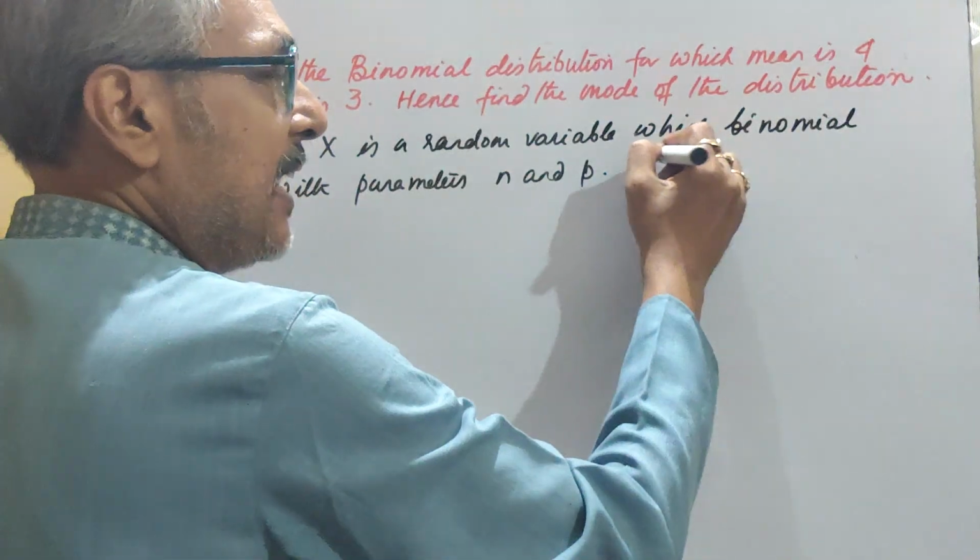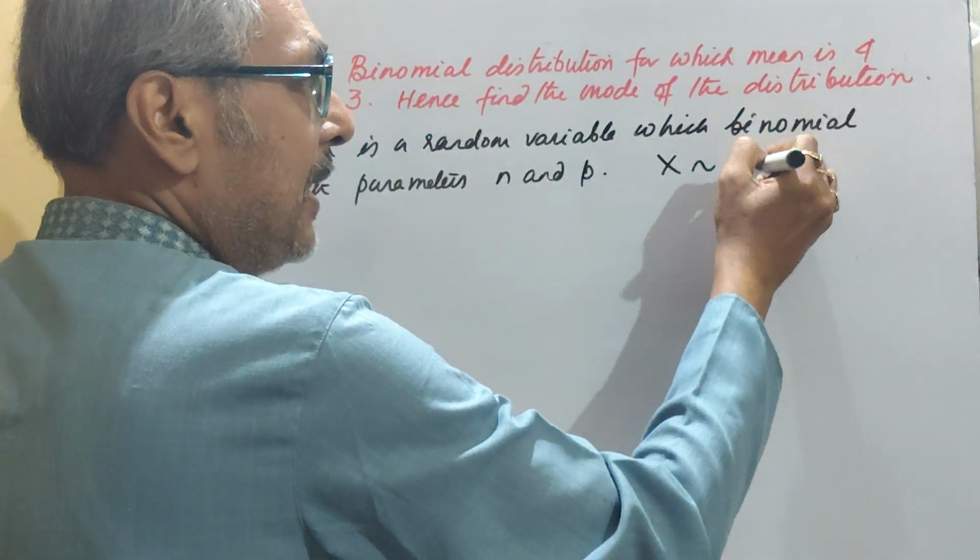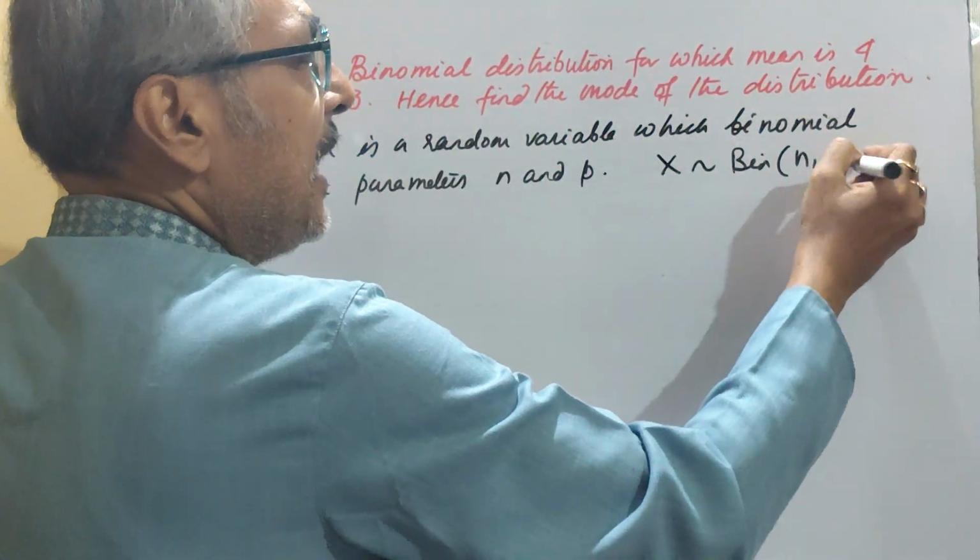Symbolically it can be written as x follows binomial distribution with n comma p.